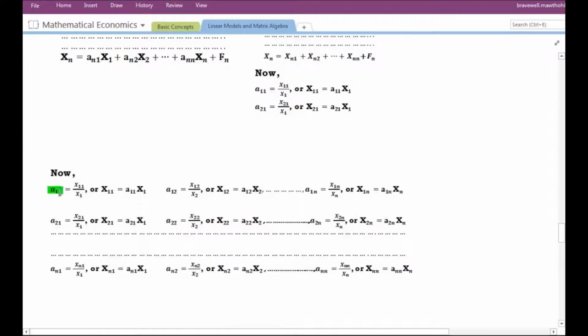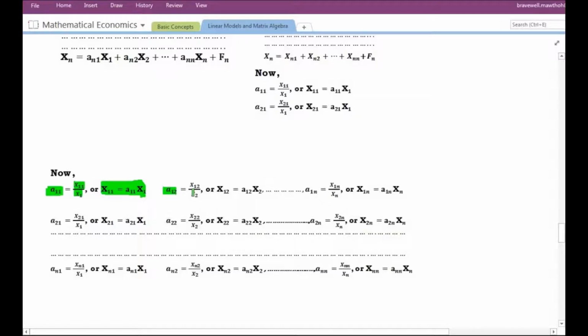Now A11, that is fixed input requirements of the first industry used in the production of the first commodity, is obtained by dividing the units of goods of the first industry used as input in the first industry by the output level of the first industry, or X11 is equal to A11 times X1.